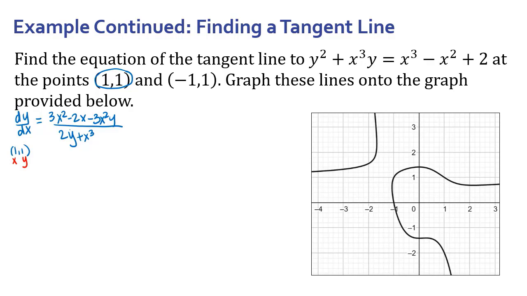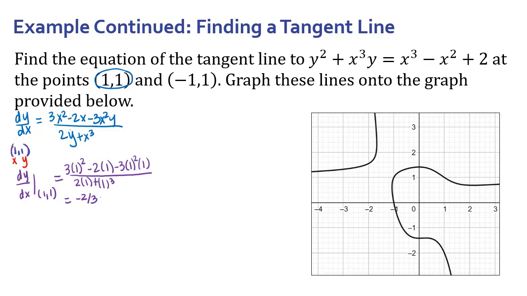To find the slope of the tangent line there, I find the derivative at that point. That's 3 times 1 squared minus 2 times 1 minus 3 times 1 squared times 1, all over 2 times 1 plus 1 cubed, which becomes negative 2/3.